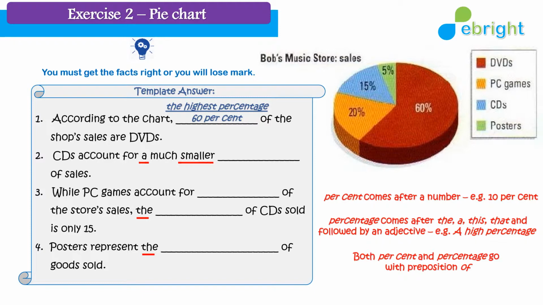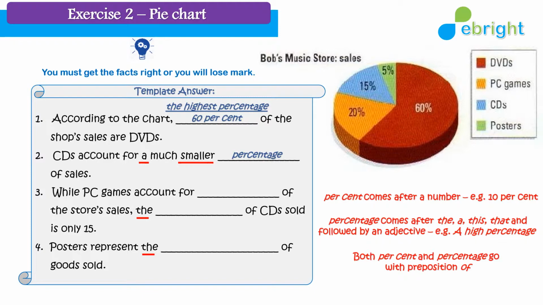CDs account for a much smaller blank of sales. You've got the article a, and then the adjective smaller. Based on the grammatical explanation previously, it must be percentage, because the article a is followed by the adjective smaller, followed by the word percentage and the preposition of.